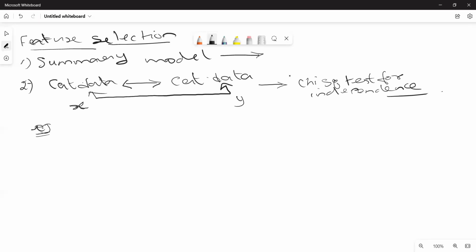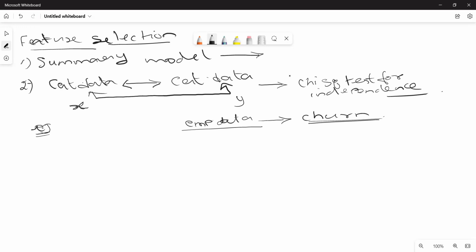Let us say that I have an employee database, and the organization wants to find out the churning of employees. This is a very, very common example.